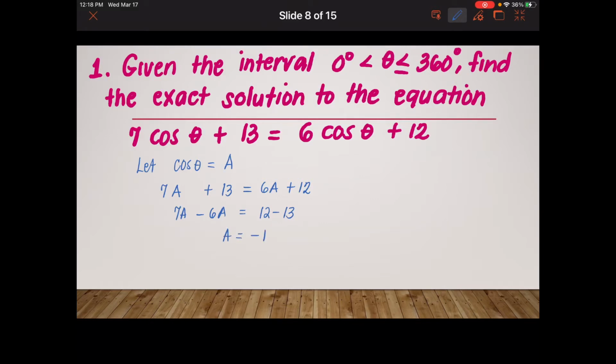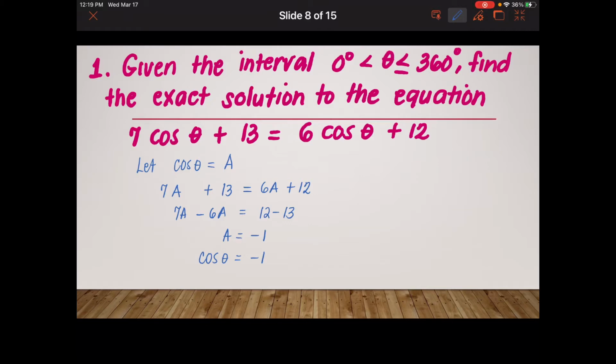Okay, after getting the value of a, you substitute back cosine theta. So I'll have cosine theta is equal to negative 1. Now you recall our lesson about special angles or quadrantal angles.